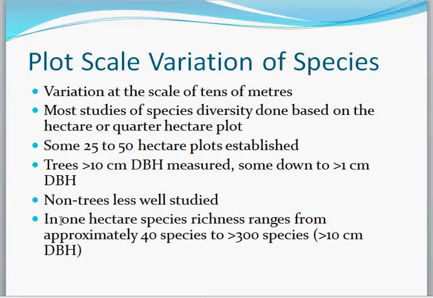It's approximately 40 species to over 300 species. This 40 species tends to be found, say, in Central America. In Trinidad we would tend to find 40 to 50, maybe a few higher species per quarter hectare plot or 1 hectare plot.